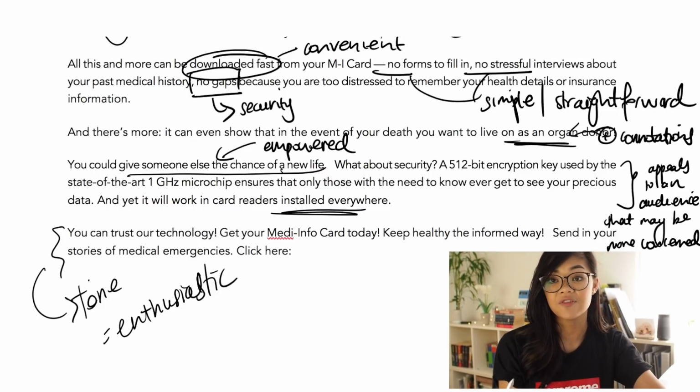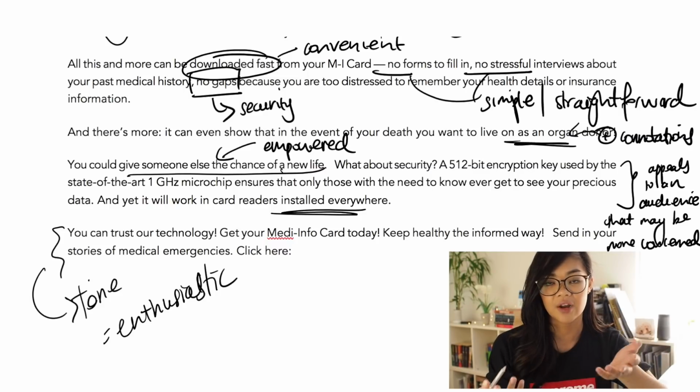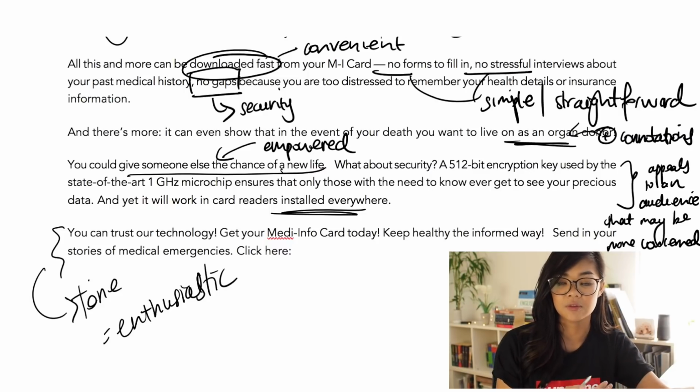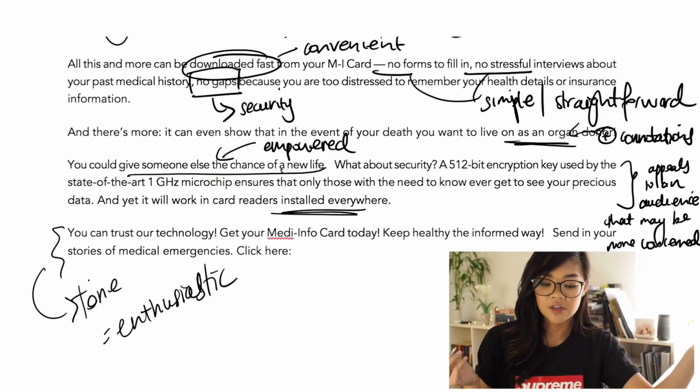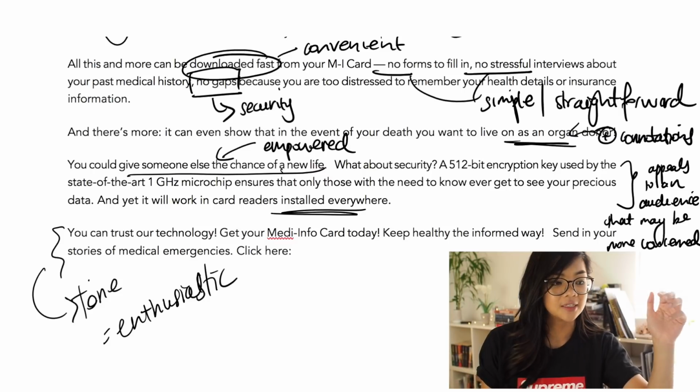So you might be fearful that, because you're not providing all the information that you have because you just don't know it, then maybe you won't get the right type of treatment or people won't be able to look after you properly. But in this case, there's this sense of security that you'll be looked after. And there's more. It can even show you that in the event of your death, you want to live on as an organ donor.